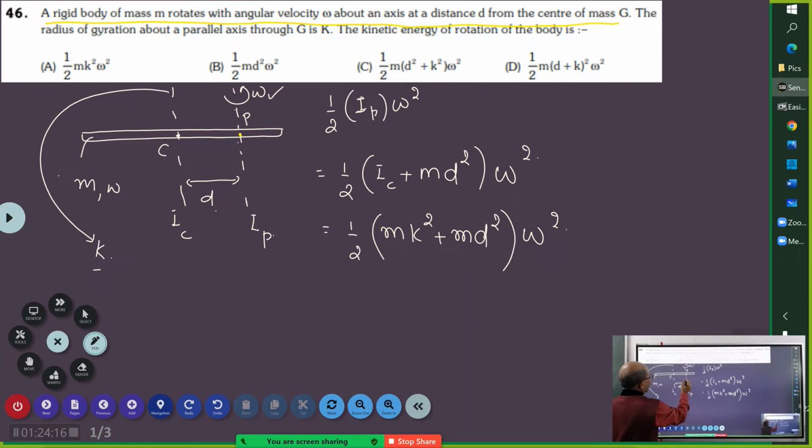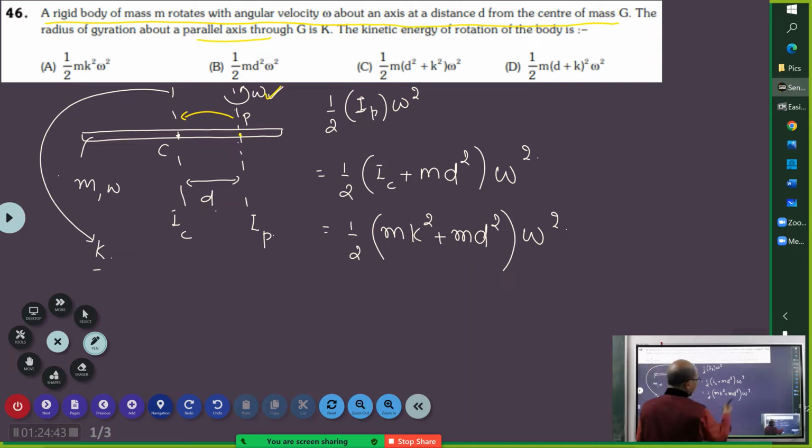That there is an axis which is at a distance d and about which it is rotating with omega. That's what they have told. Correct now? Yes. Now the second part of the problem: the radius of gyration about a parallel axis, parallel to this axis, the axis through the center. See, you have to read it very carefully. Correct? Yes, sir.